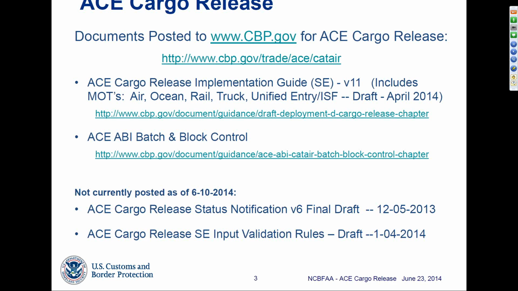And something that you haven't seen in days past, we actually give you the input validation rules so that you don't have to figure out what they are yourself in the CAT-AIR chapter. We lay it out for you that if you don't have a good importer of record number or a good country of origin, here's the error you're going to get and the response that you should see.